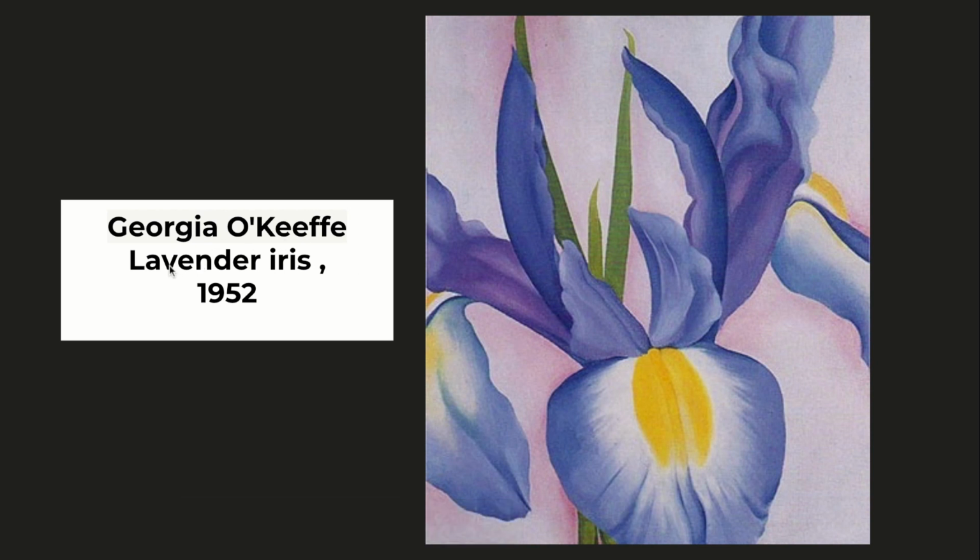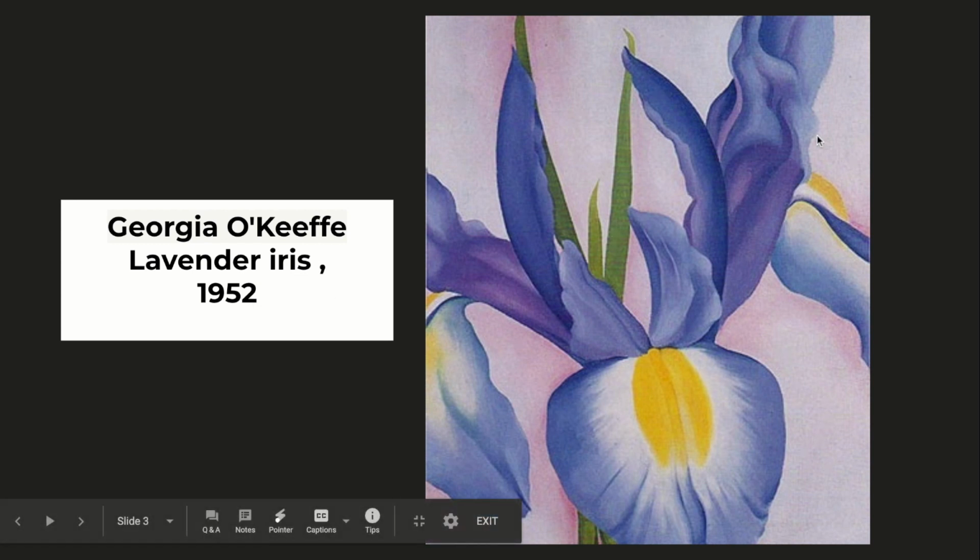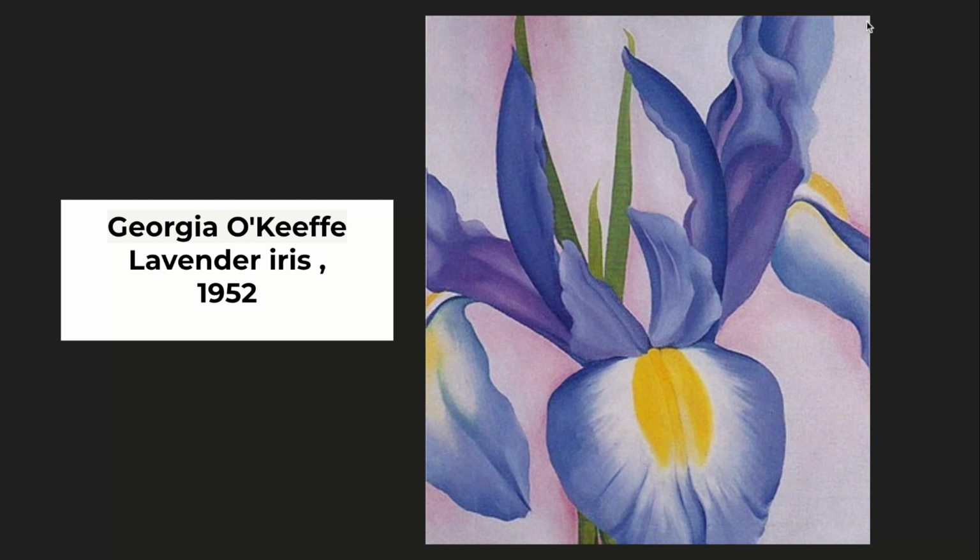And this is the lavender iris, and she created this one in 1952. And you can see here again, she's blending her colors beautifully, and she thought about what part of the flower she was going to draw. All right, let's look at one more.